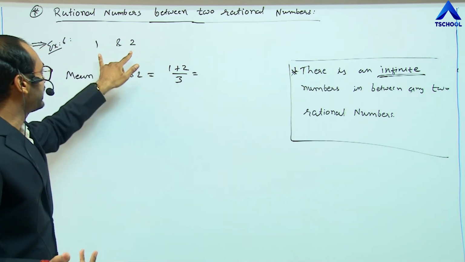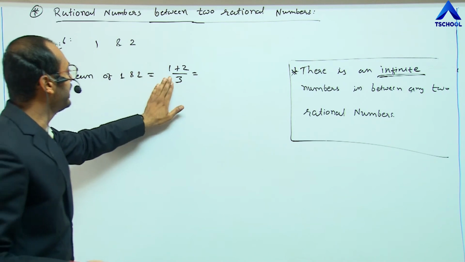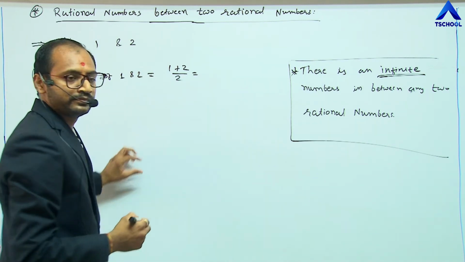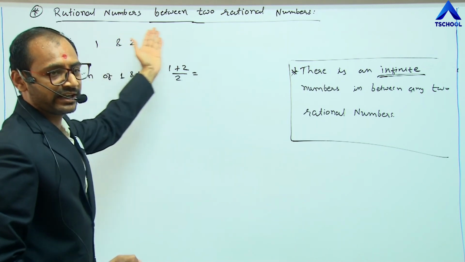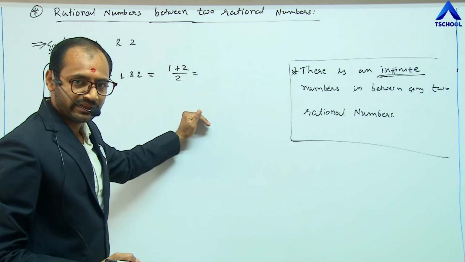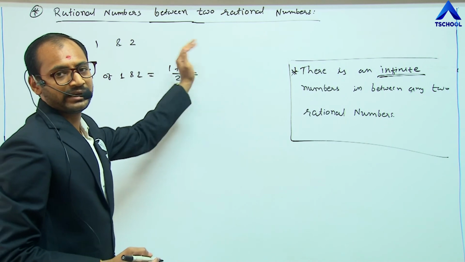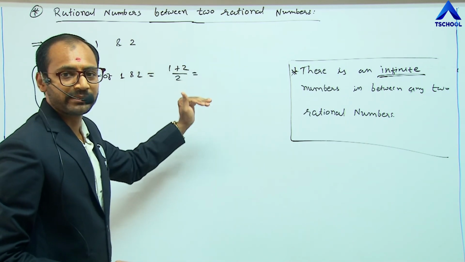That means there are two values, so we divide by 2. If there are three numbers, we add the three numbers and divide by 3. If there are four numbers, then the addition of 4 numbers, divide by 4.